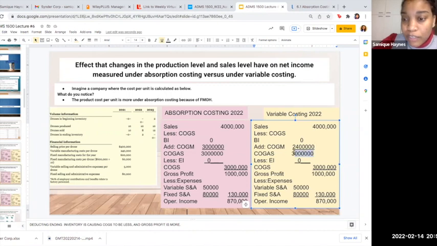So cost of goods available for sale is 2,400,000, less ending inventory is 0, gives us a cost of goods sold of 2,400,000. So we have a gross profit now of 4 million minus 2,400,000, 1,600,000.